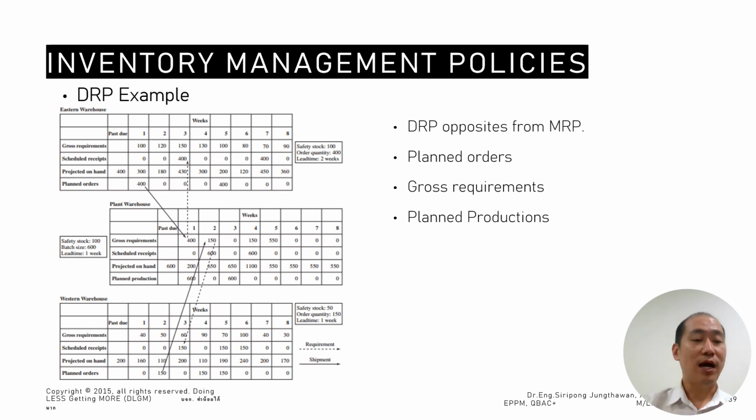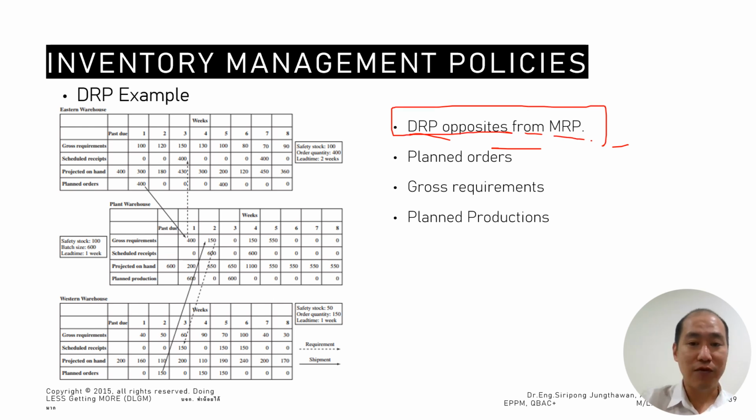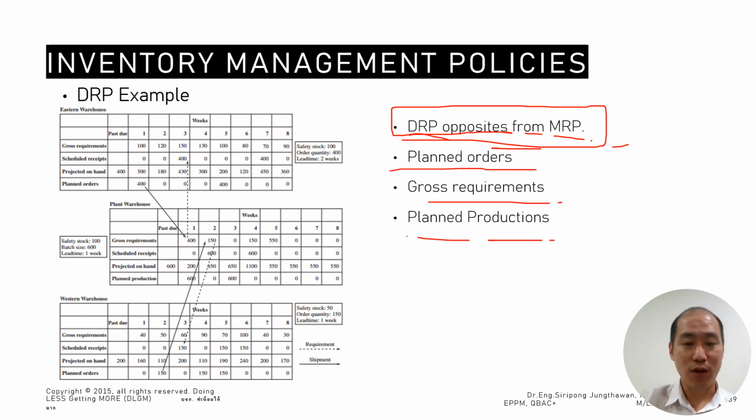And next, the idea of DRP, you can see in this. DRP is the opposite of MRP, because MRP breaks down from the big to the detail, but DRP is opposite. You keep the detail, go back to the truck, so planned orders and gross requirements, and also planned products.